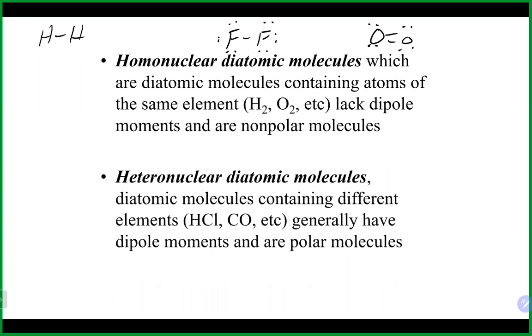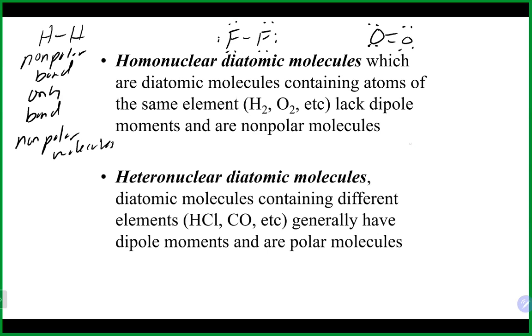They would have the same electronegativity, so when you take the difference, it's 0. So it would be a nonpolar bond. And because in each of these cases that is the only bond in the entire molecule, these would all be nonpolar molecules.